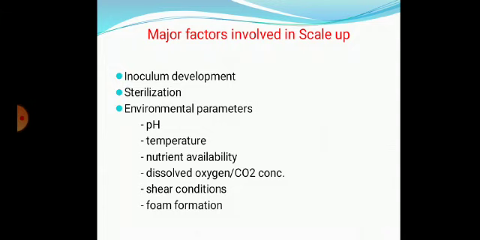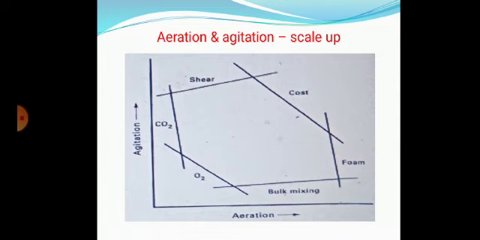So almost 7 parameters are getting influenced during scale up. To control all the 7 parameters, they can be controlled only by two concepts, that is aeration, agitation. So if you manage to give aeration and agitation properly, then scale up will work 100% properly.